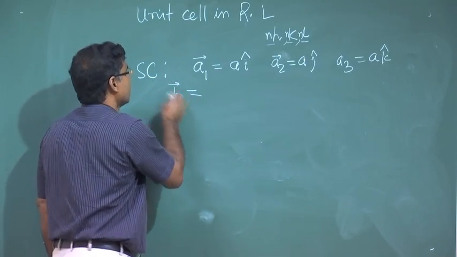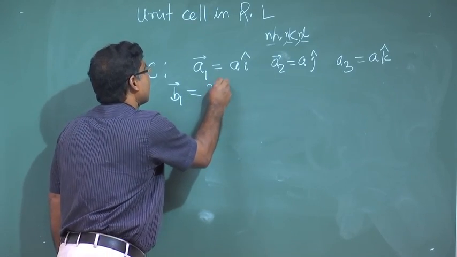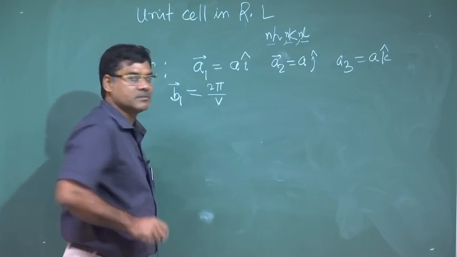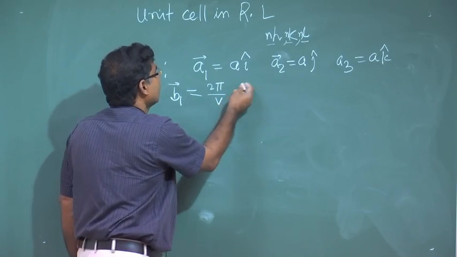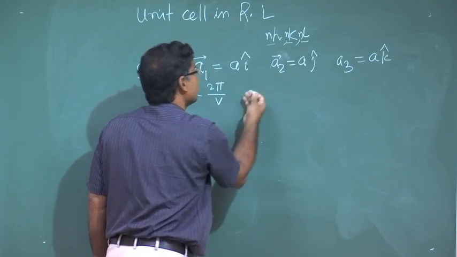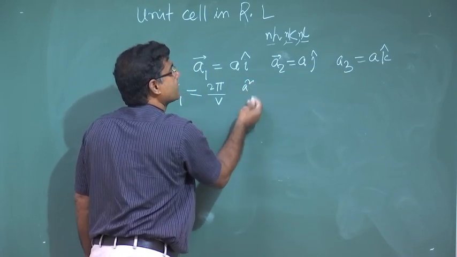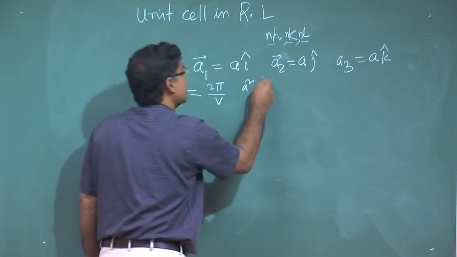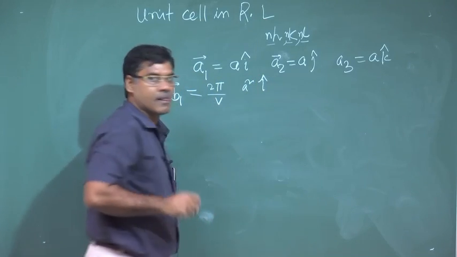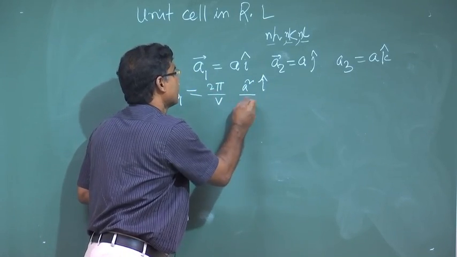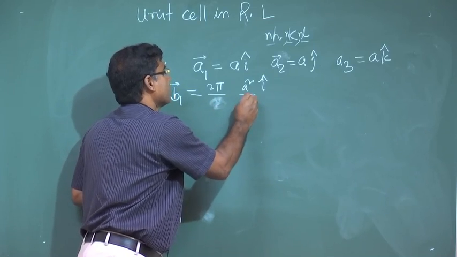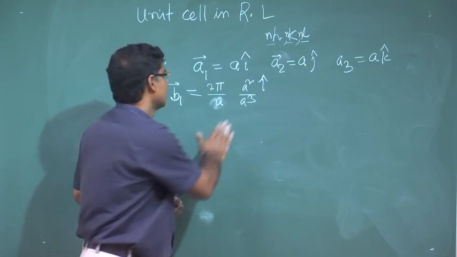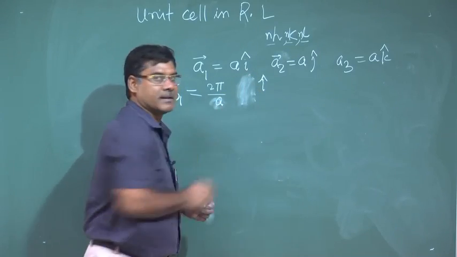So, here I have to take 2 pi by volume, and A2 cross A3 means a square, j cross k, and j cross k means the direction will be i, and the volume will be a cube. So, basically B1 is 2 pi by a i.